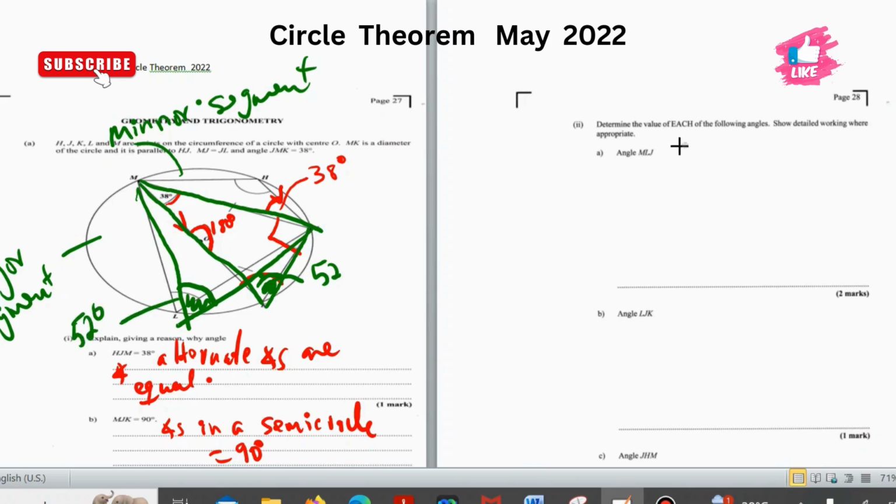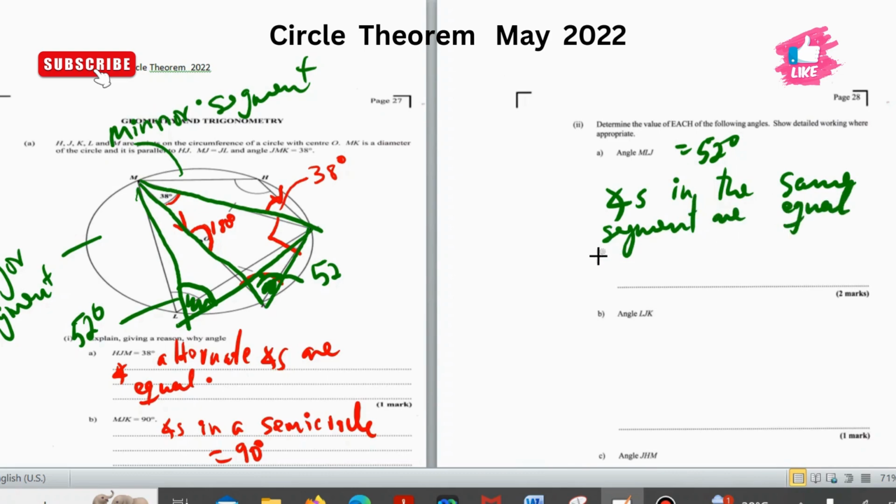So MLG is equal to 52 degrees because angles in the same segment are equal, standing on the same arc.